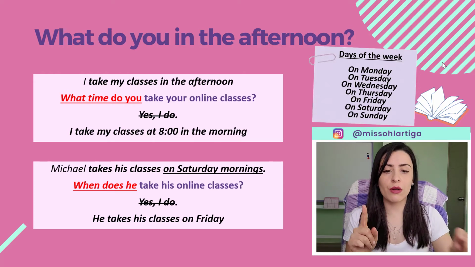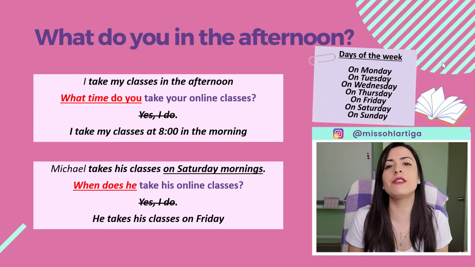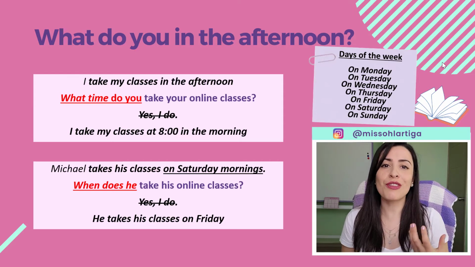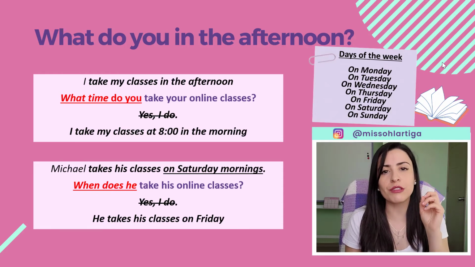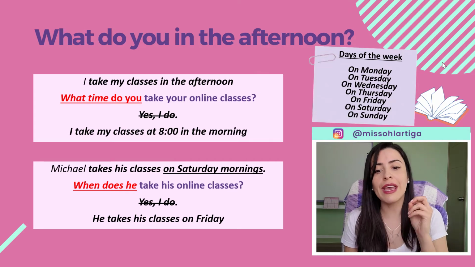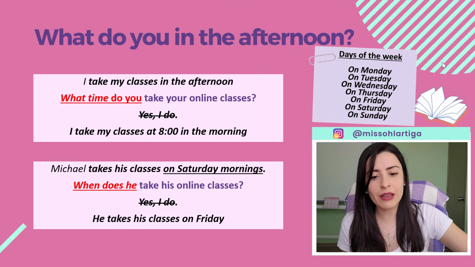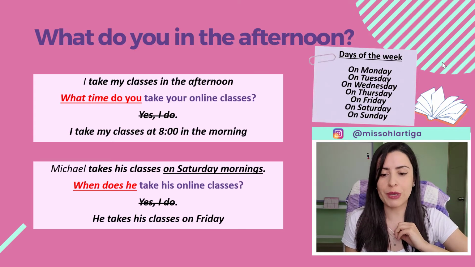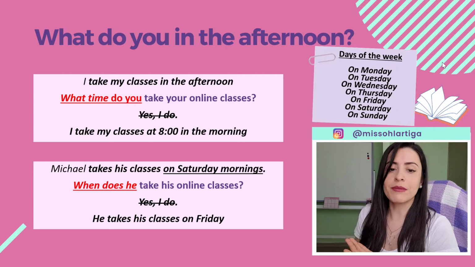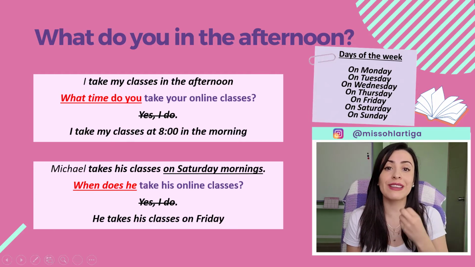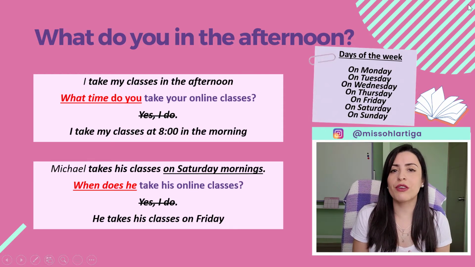Entonces, en ese caso, recordar que ya no vamos a usar el yes, I do o el no, I don't, porque eso va a revelar que no entendí bien la pregunta, porque no me están diciendo sí o no, ya me están preguntando por una información en particular, que en este caso es la hora a la cual yo empiezo mis clases y en este caso sería cuándo yo tomo mis clases. For example, he takes his classes on Friday, ¿ya? Es muy, pero muy importante entender bien la pregunta, leer bien la pregunta para yo poder responder con la información debida.